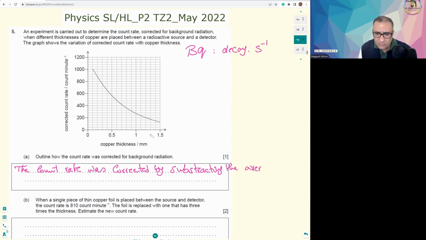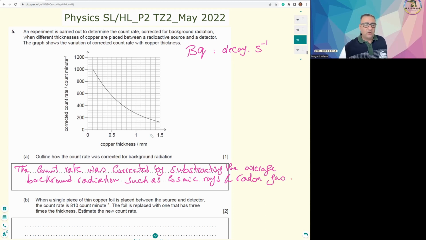So by subtracting the average background radiation, and you may add, just to give a little more information, such as cosmic rays and radon gas. Okay, so that is the first question.